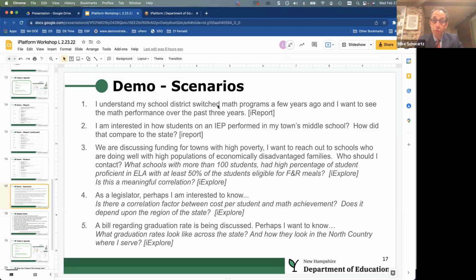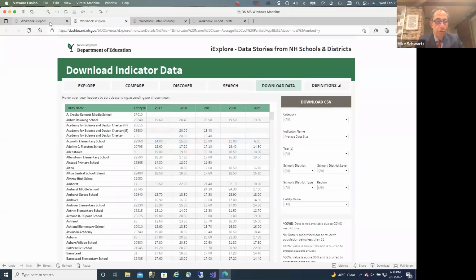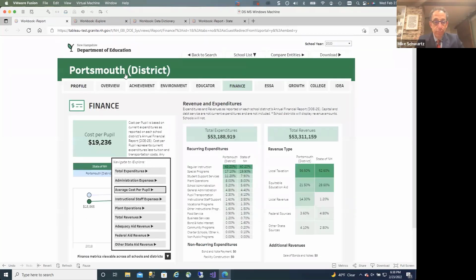So I'm looking at a school. That's what I'm concerned about, or my school district. I want to see how my school district did in terms of math achievement. Because I'm looking at one school or district, I know to go to iReport. So here I would go to iReport, and I could choose my school district, and we're looking at Portsmouth, so I'll just stick with this. I go to achievement because I'm looking at the achievement. I want to look at it over time.